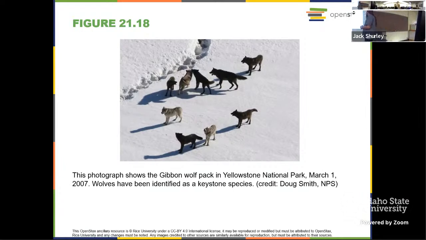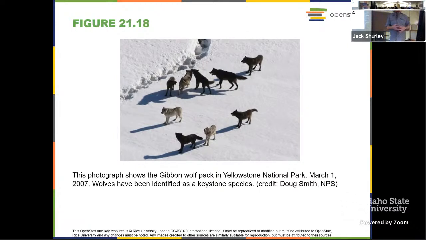These wolves were reintroduced, and we talked, I'm pretty sure before the break, about different types of keystone species, and we mentioned wolves in Yellowstone as a potential. These are top predators. There are other predators in the park as well, but the wolves truly play a key role in keeping the populations of other animals, like elk in particular, in check.